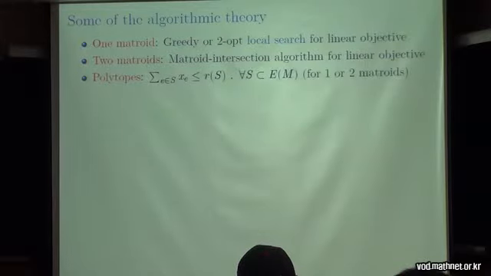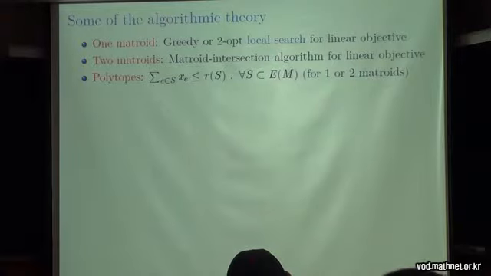Then there's nice geometry associated with this. For a matroid, you associate a polytope. The way you do that is, first you look in a space with a component for every element of the ground set.